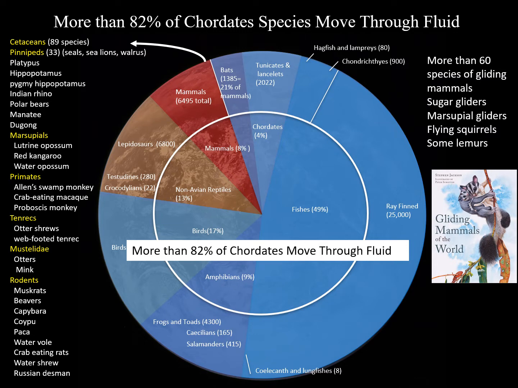So more than 60 species of mammals are moving through the air. So you can see that understanding how animals locomote through a fluid is really important to understanding why they're built the way they are.